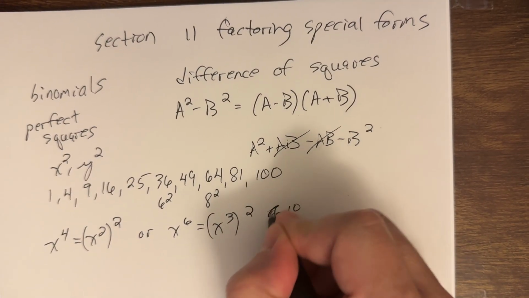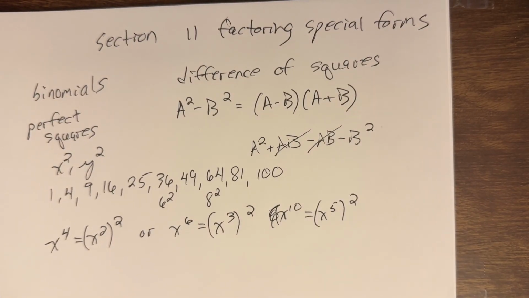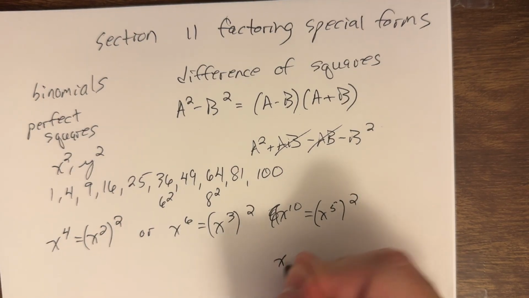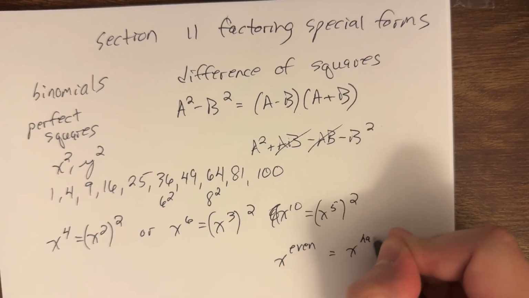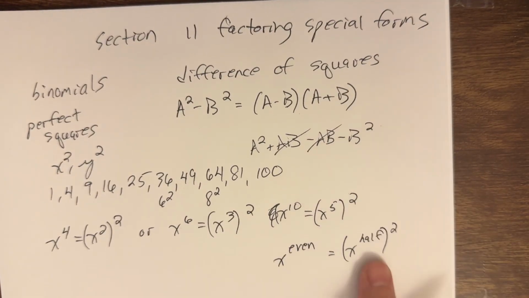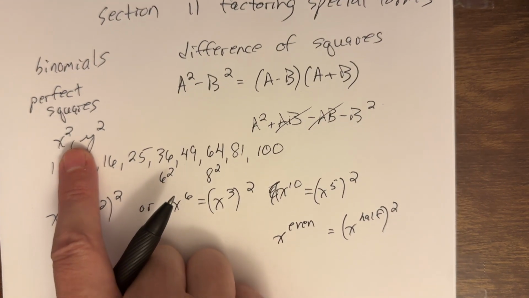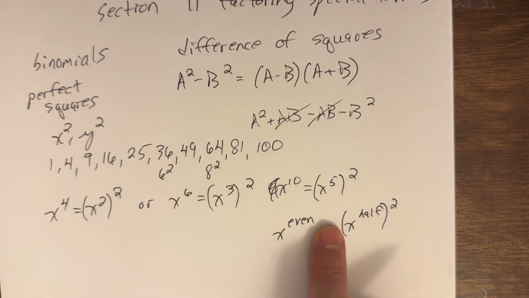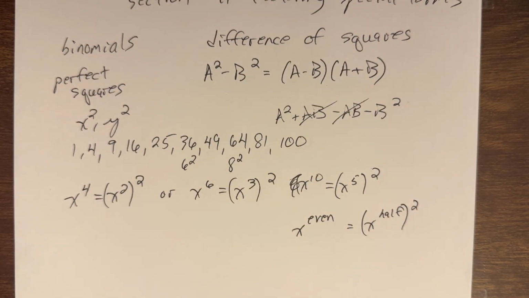Or x to the 10th is x to the 5th squared. What they want us to realize is any variable to an even power is x to half that power squared. We'll get a little more practice with that, and we'll see a lot of just the perfect x squared, but to realize that these can be broken down as well and can also fit as a part of this formula.